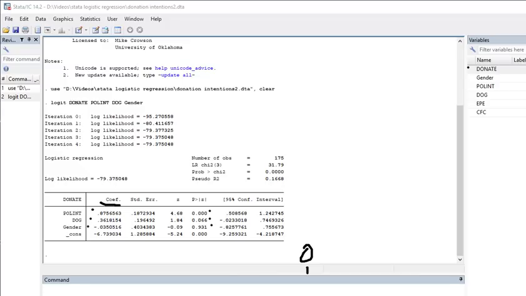So just keep in mind, as you're looking at these coefficients, that a positive coefficient indicates a positive relationship between the predictor and the likelihood of falling into the target group. A negative value would indicate that at higher levels of the predictor, the likelihood of falling into the target group is lower. So that's the way to think about it.